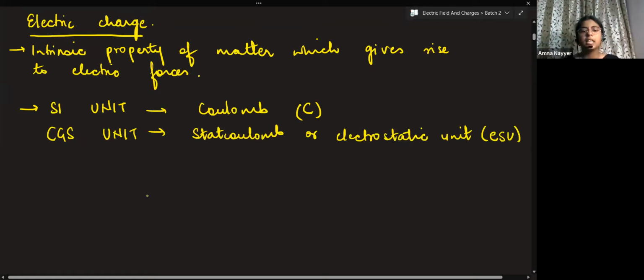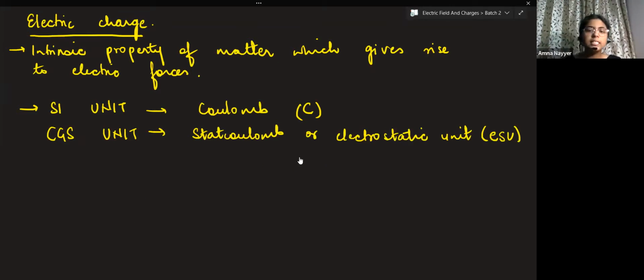All right. Now, as rightly said, CGS means centimeter, gram, seconds. We have two types of units. One is the SI unit, the standard international unit, in which you have meter for length, kg for mass, and seconds for time. CGS is a different system of units, in which this stands for centimeter, gram and seconds.